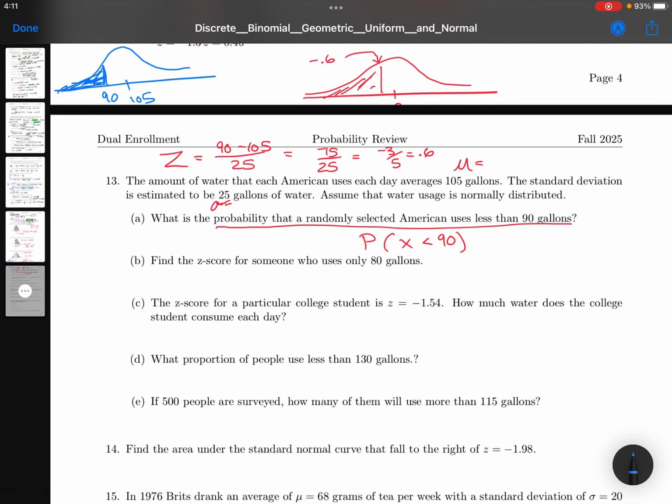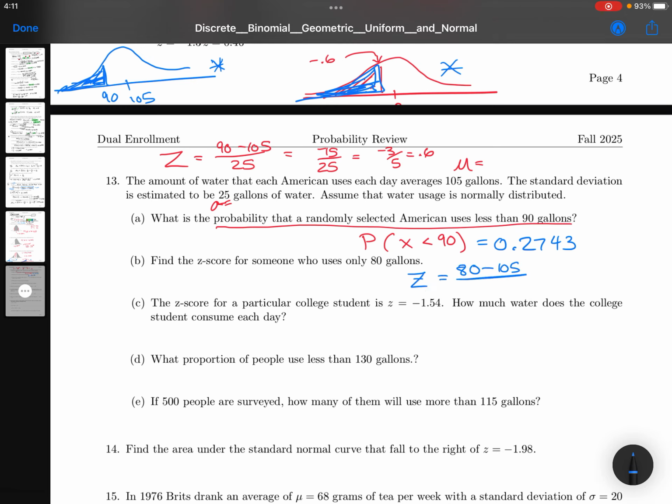But this area and this area are the same. This one has been standardized, and this is in terms of x. Standardized means you're in terms of z, right? When I run that distribution, I get 0.2743.